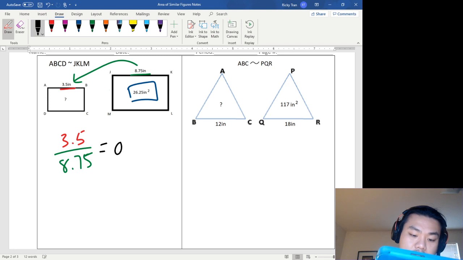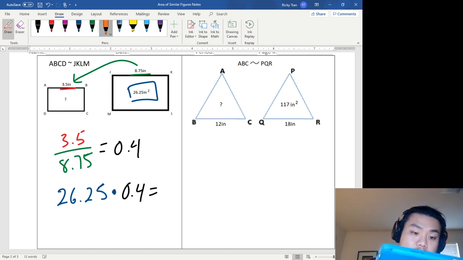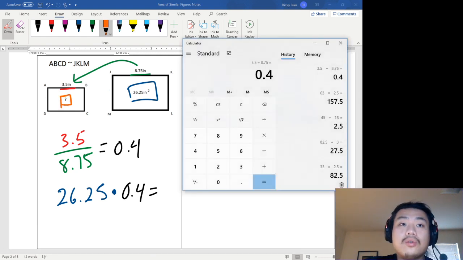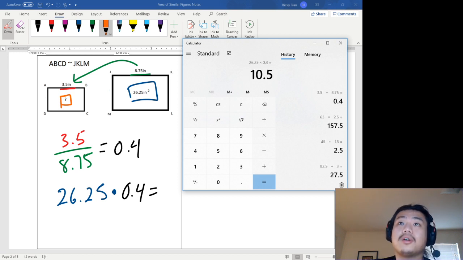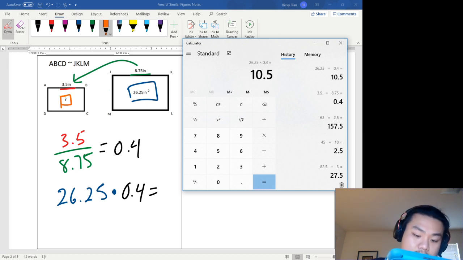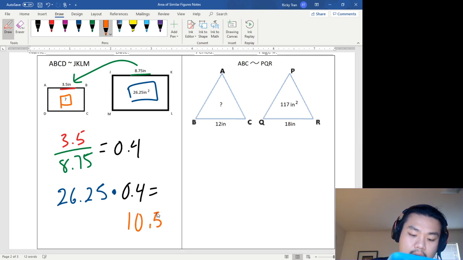So this is equal to 0.4, and then we're going to take the 26.25 and multiply it by 0.4, which gets you 10.5. So the answer is 10.5.